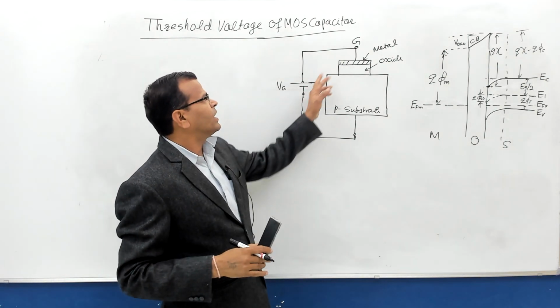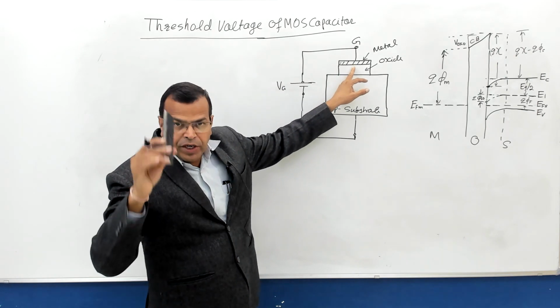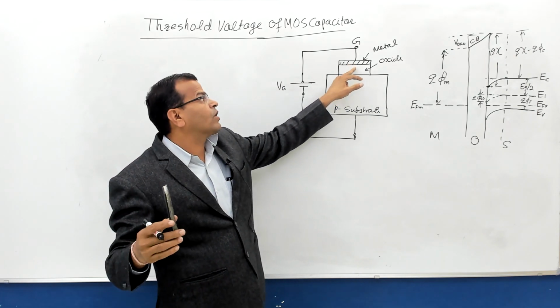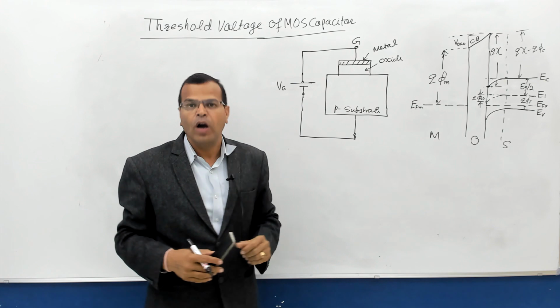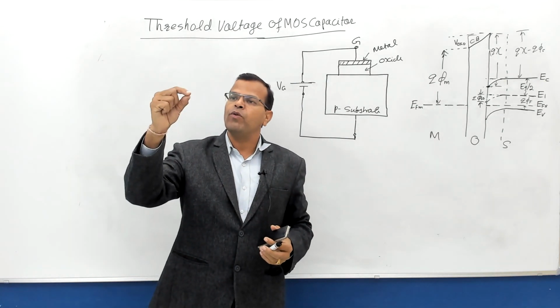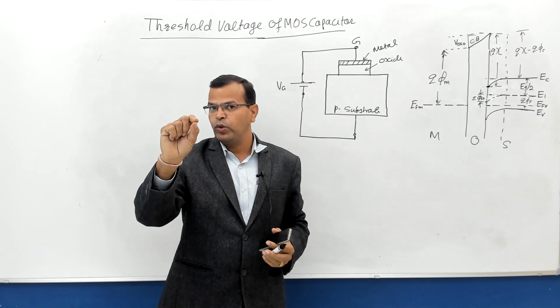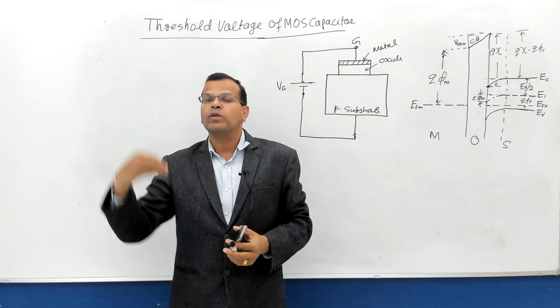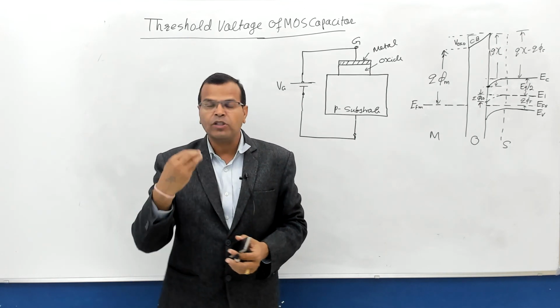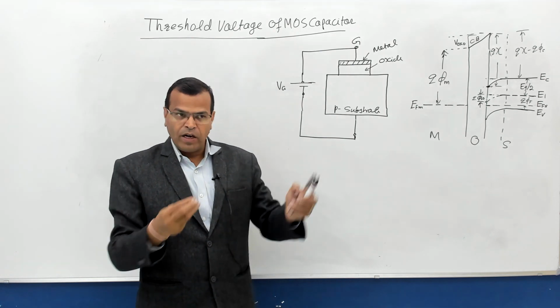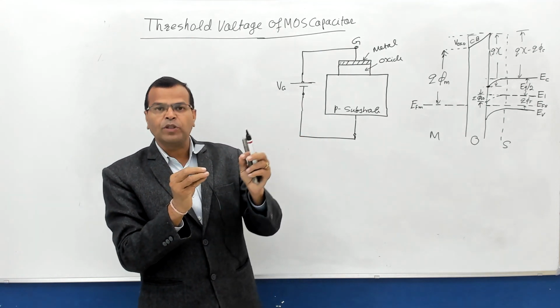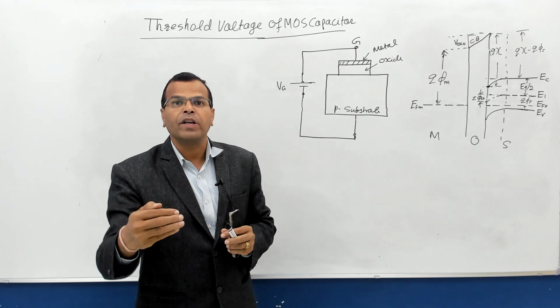The positive voltage at the gate will decrease the energy level of electrons in the metal. How? When you bring a positive charge closer to an electron, the electron will be attracted towards the positive charge. When the electron moves closer to the positive charge, its energy level will decrease.